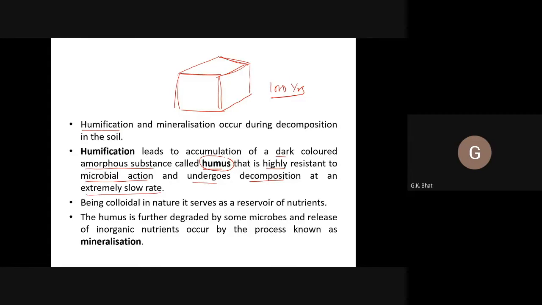Being colloidal in nature, it serves as a reservoir of nutrients.